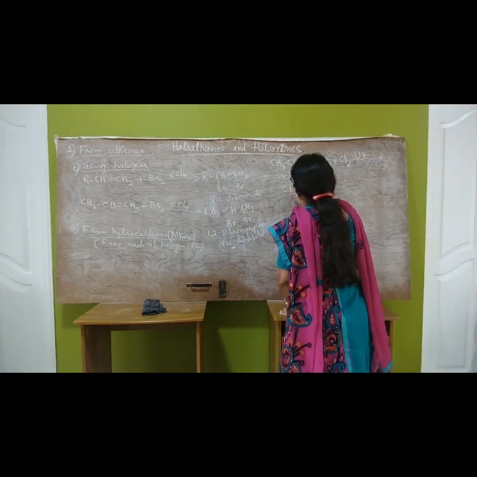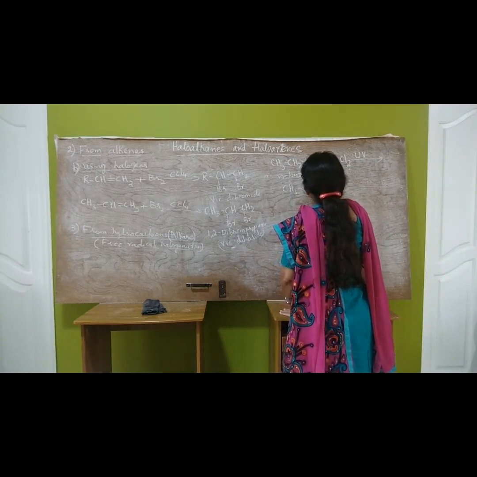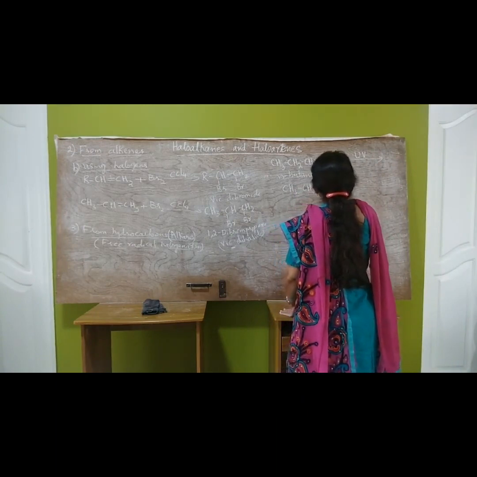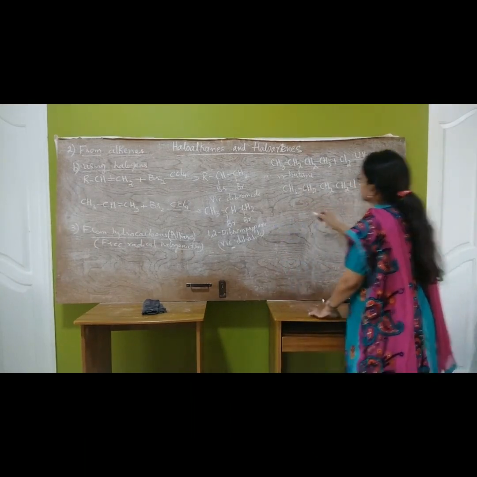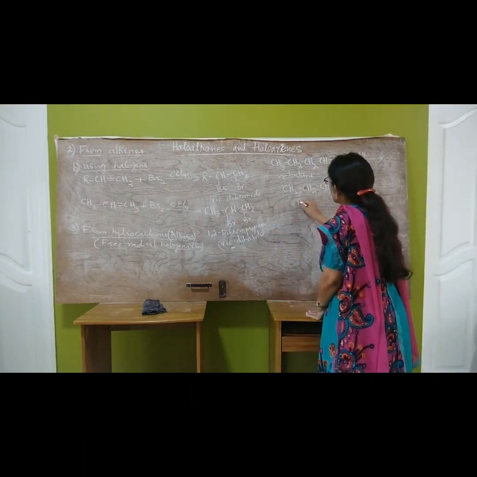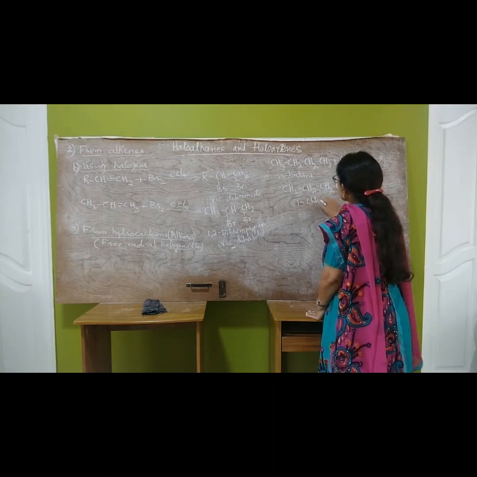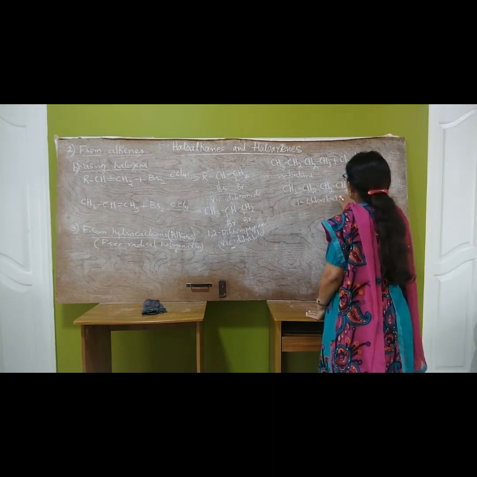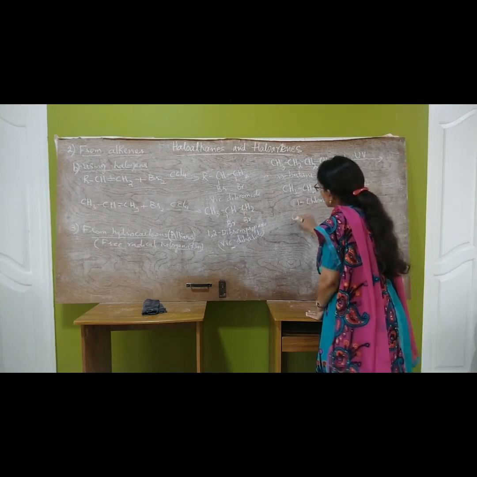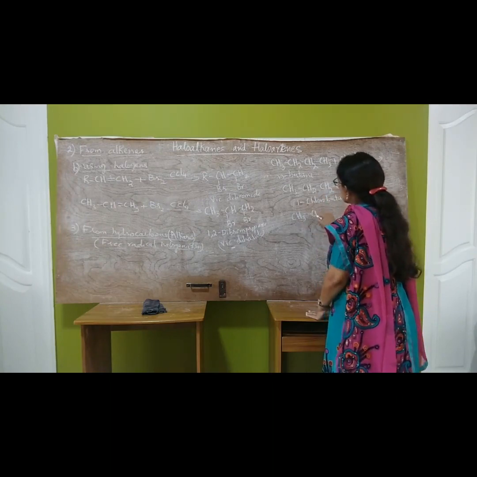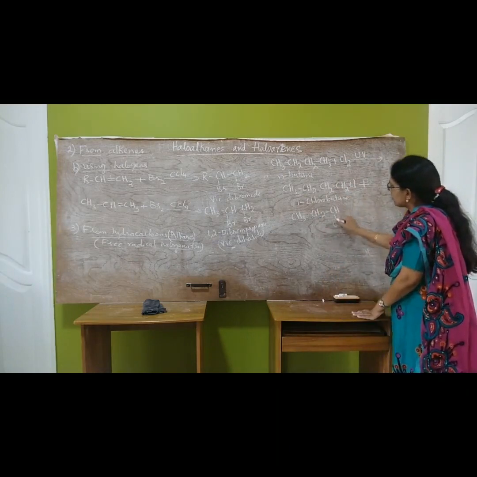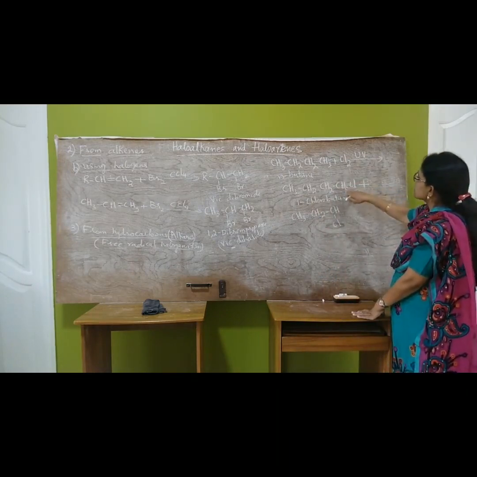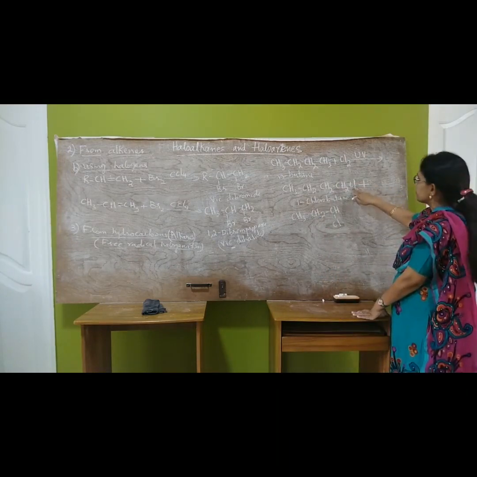1-chlorobutane is CH3CH2CH2CH2Cl, plus the other product is CH3CH2CHClCH3. Here this hydrogen is substituted by Cl.